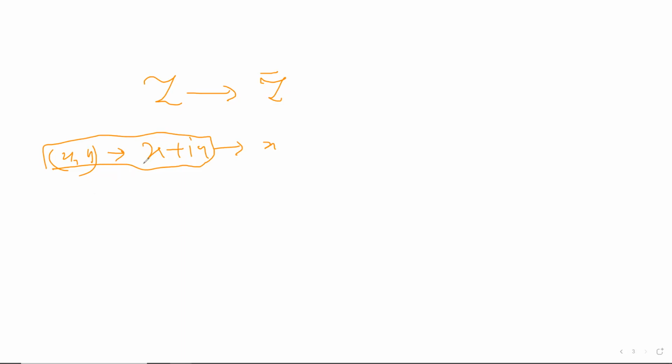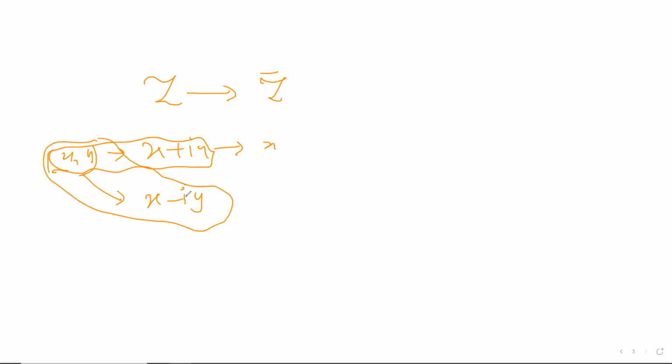So when I saw this, this thing is fine, but then you see that x minus iy is also a solution, right? Now this function is not a differentiable function. If you think about complex differentiability, it reverses orientation.